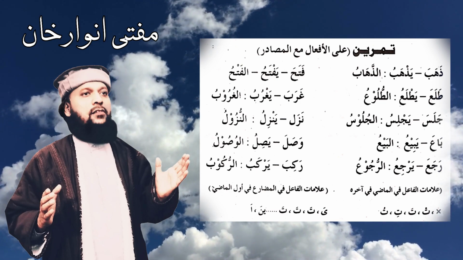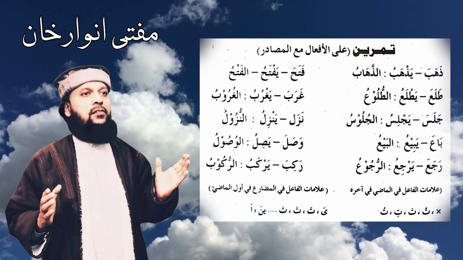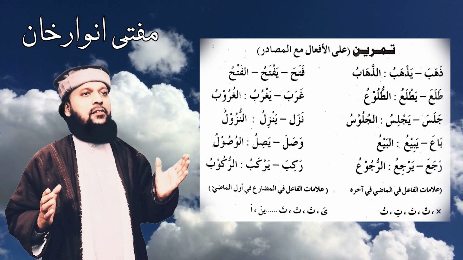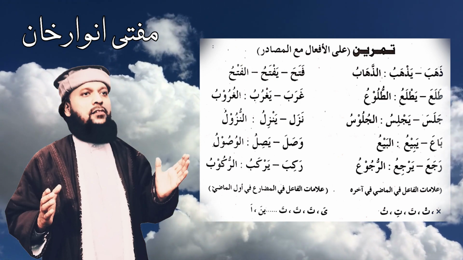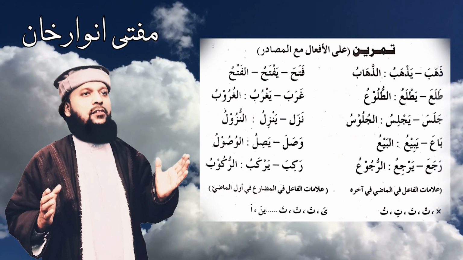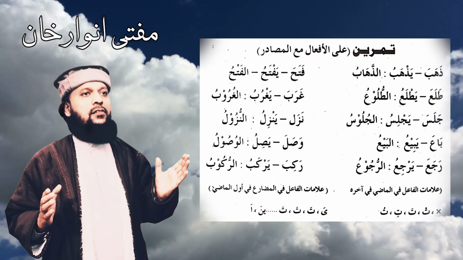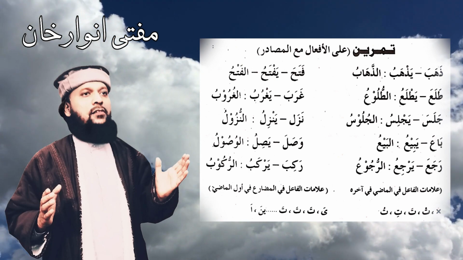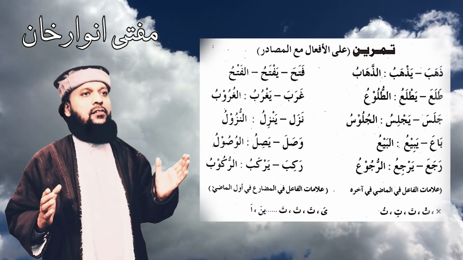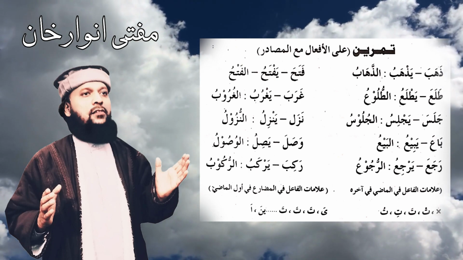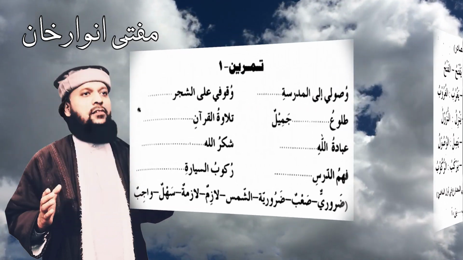For example, ya, ta, and then ta, and ya, noon, and alif. These are different signs of mudari, and they are attached to the beginning of the past tense to convert it into mudari. Now we move ahead to the next page, 74.